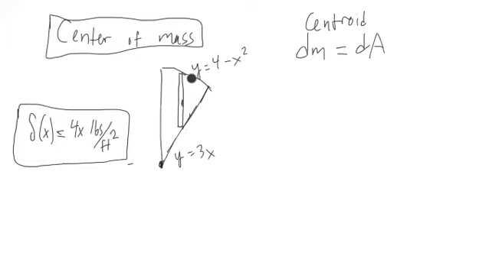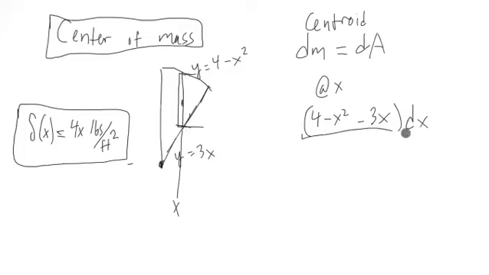In this case, what's the height or the length? It would be this y value minus this y value at this particular x coordinate. So at a particular x coordinate, the height of this rectangle would be 4 minus x squared minus 3x, this y value minus that y value. That's the height multiplied by dx. This is actually the dA at that particular x value.